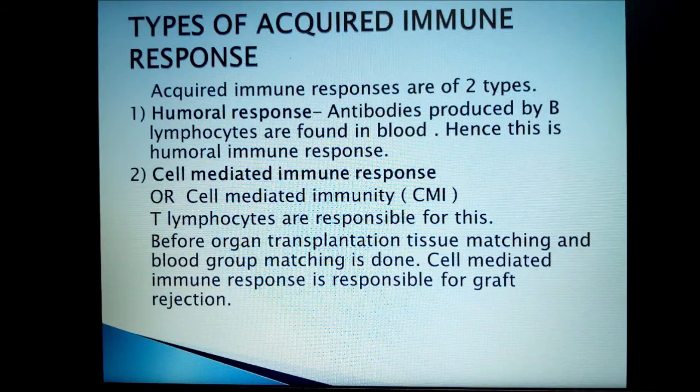Now, for the acceptance of this graft, doctors generally give immunosuppressant drugs. That means these medicines keep the immune system suppressed so that the cell-mediated immune response will not be given and the organ which is transplanted will remain in a proper way in the patient's body.